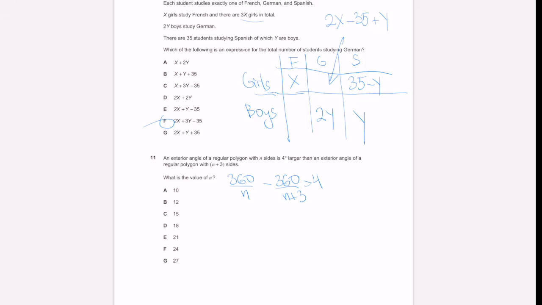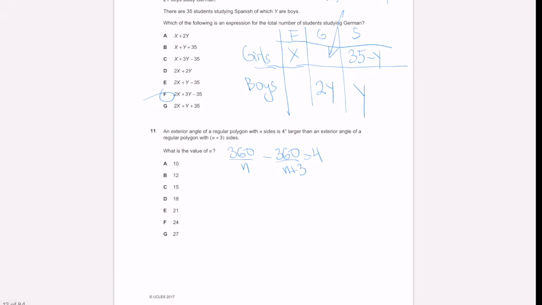Okay, this looks like it's going to be an equation. Is there an easy way of solving this? Probably not. If you find one, do let me know. Let's put these under a common denominator. So I'm just going to do 360 times (n plus 3), take away 360 multiplied by n.